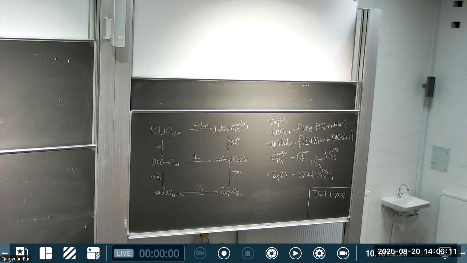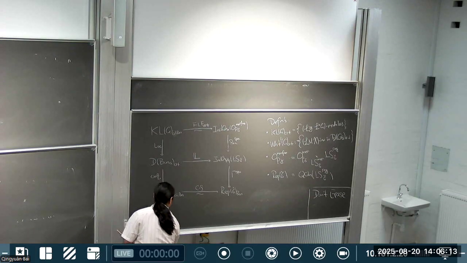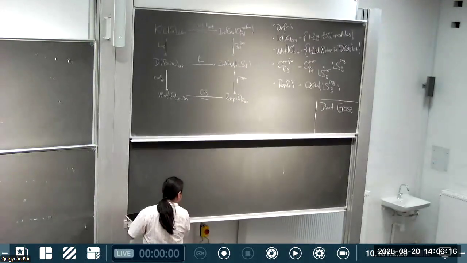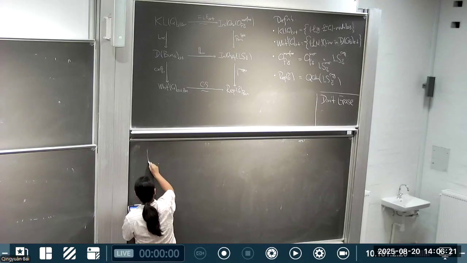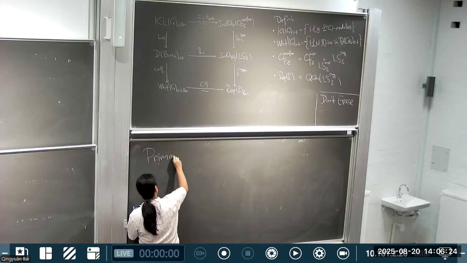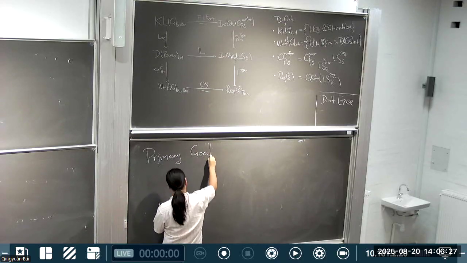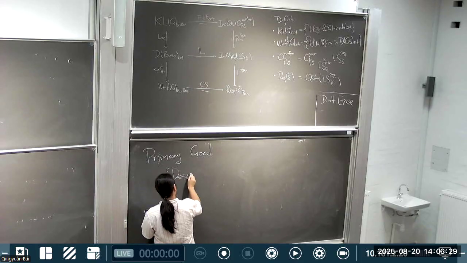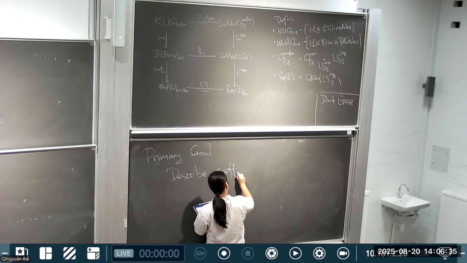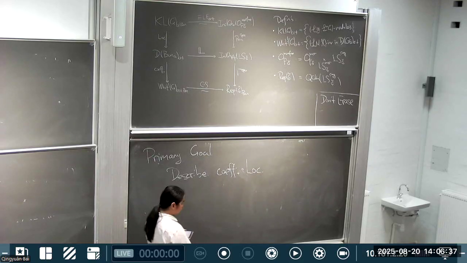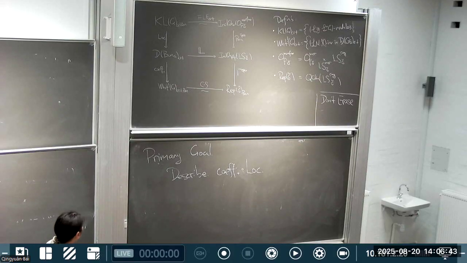This is our roadmap. Let me write down our current goal, which is very modest. Our primary goal now is to describe the left vertical composition, but not in a random way. Look, this source is KL, which is a local category, and this target is Whittaker, which is another local category. I will remind you what the definitions are.